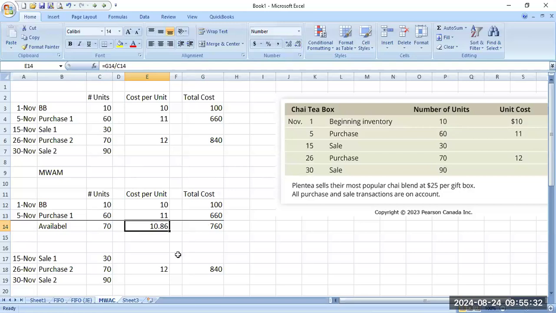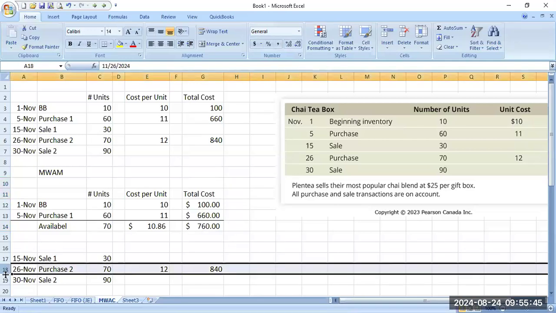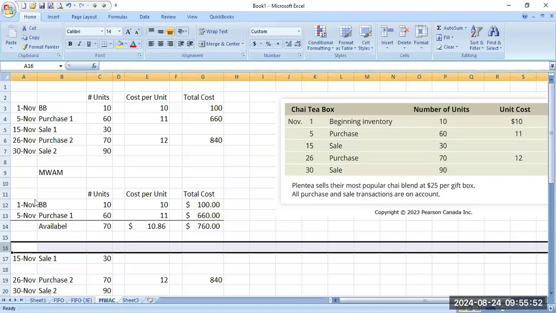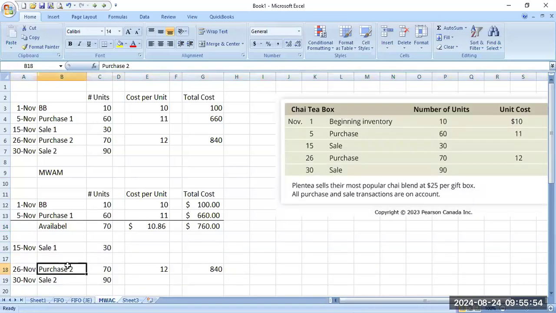Now don't worry about Pearson. Pearson is going to tell you on which decimal to round the numbers when you're doing your assignments. So now, at this point, I have my first sale of 30 units. Do I know my weighted average cost for those 30 units?